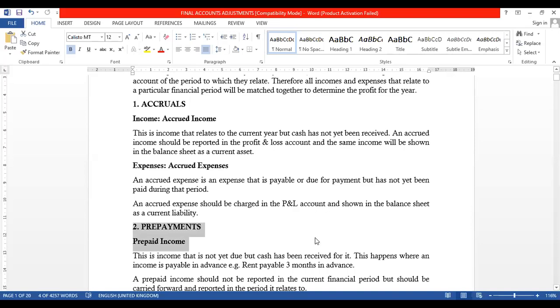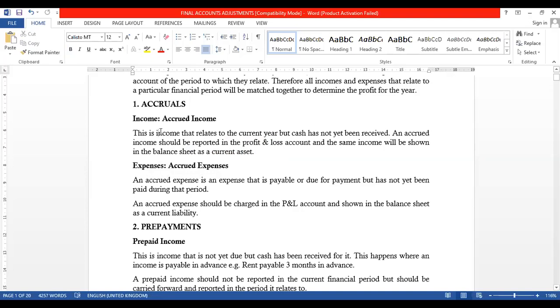Is it making sense? I want to know whether it is making sense. Accruals can either be an income, in which case it is called accrued income, or an expense, in which case it is called accrued expenses, right? Accrued income means we have worked for that money, but it has not been paid to us.